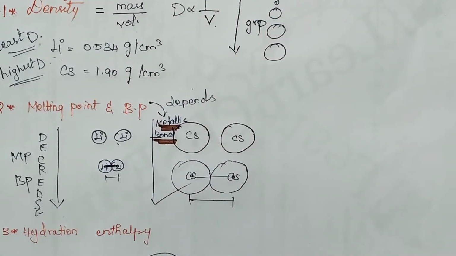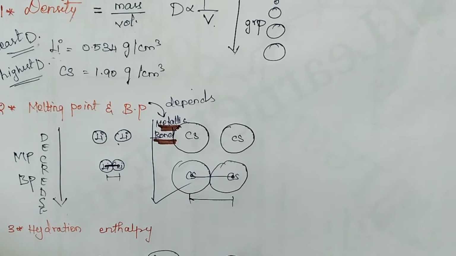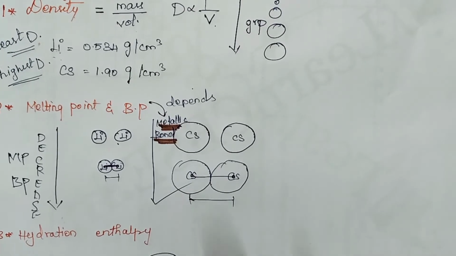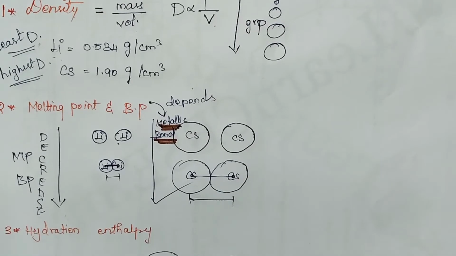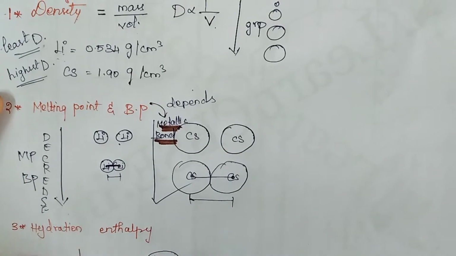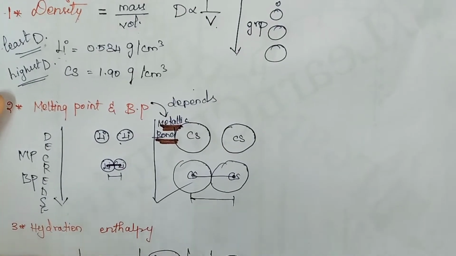Now see, lithium is small as compared to cesium. As compared to rubidium, cesium is larger. As compared to lithium, cesium is larger. Now they are immersed in water.